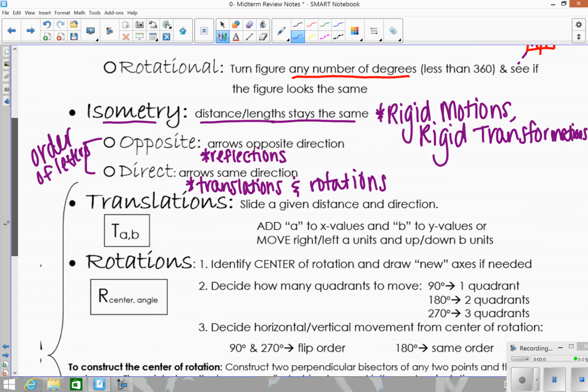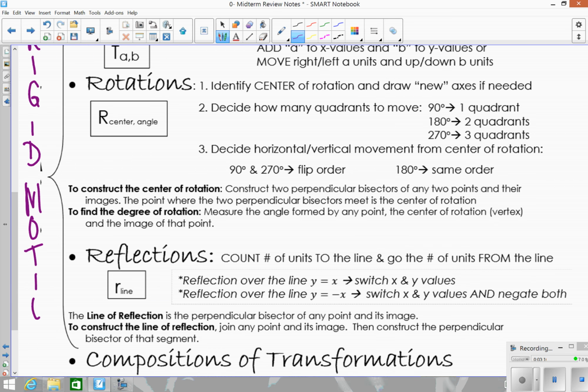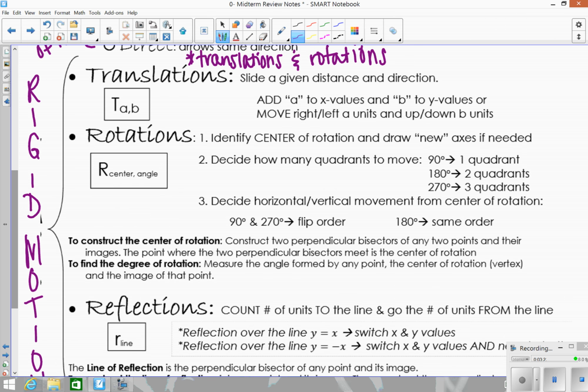The next set of words here, these are all rigid transformations. They're rigid motions or rigid transformations. I'm just going to add that on here. So we have translations, reflections, and rotations. Translations, SL for sliding, so you're sliding a figure.